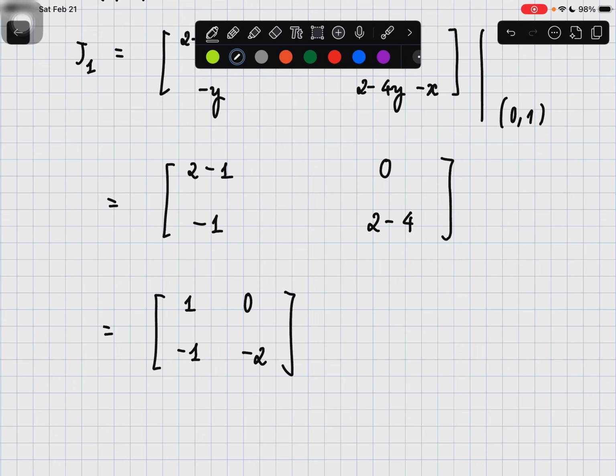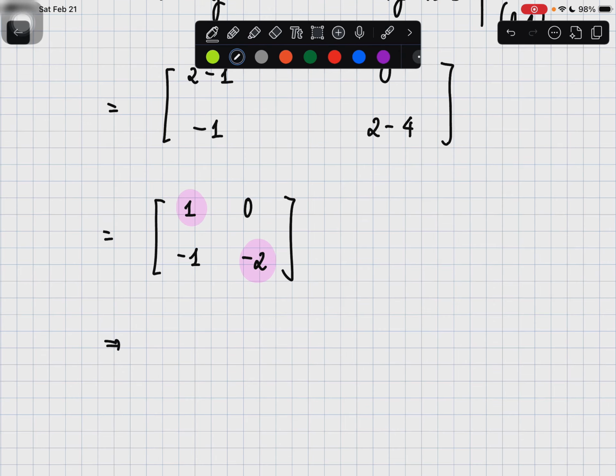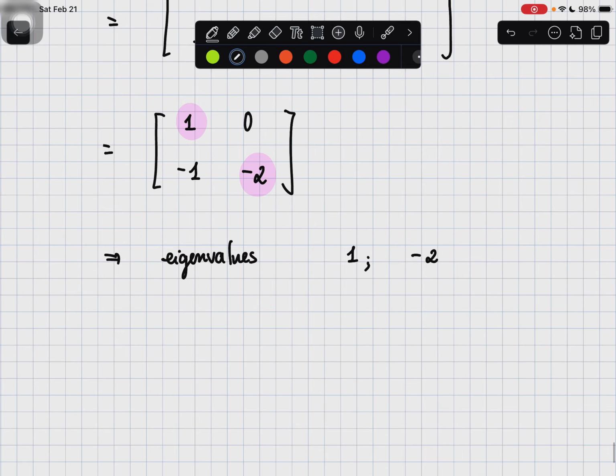This is also a nice matrix. It is a triangular matrix, so you know that the two eigenvalues are 1 and negative 2. So in this case, we have 1 positive and 1 negative eigenvalue. You will have 0, 0 of the linearization.